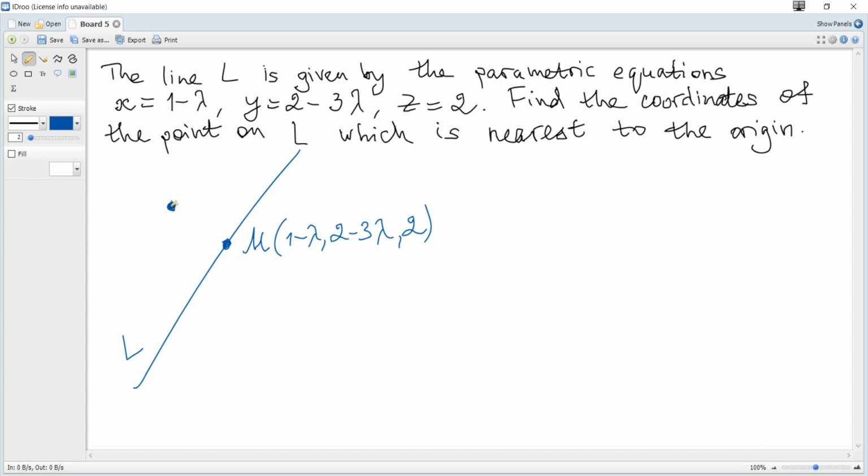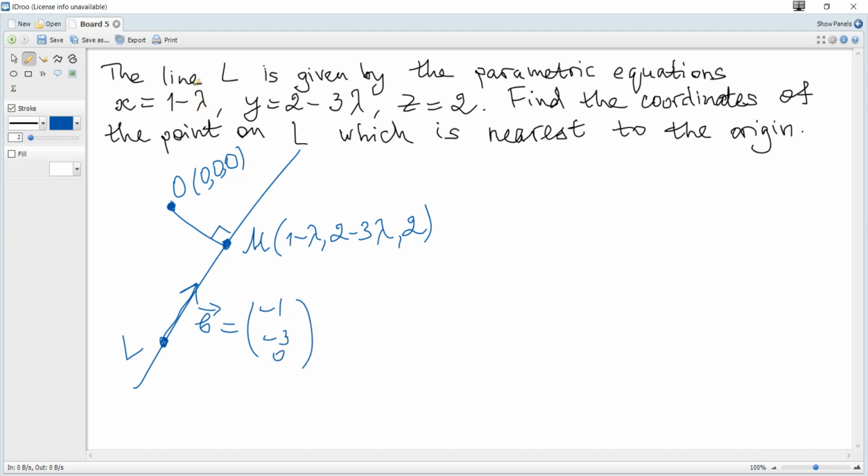and we need the distance from the origin with coordinates 0, 0, 0 to be the closest, and the closest distance is always the perpendicular distance. And line L also has a direction vector, let it be b, with coordinates -1, -3, 0.